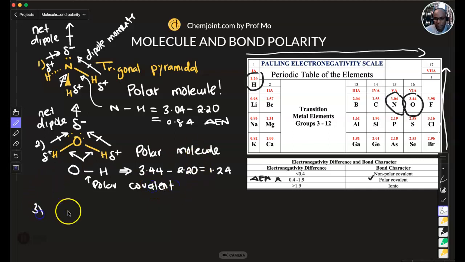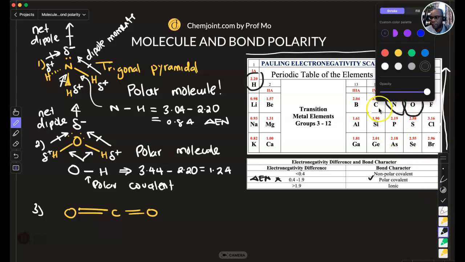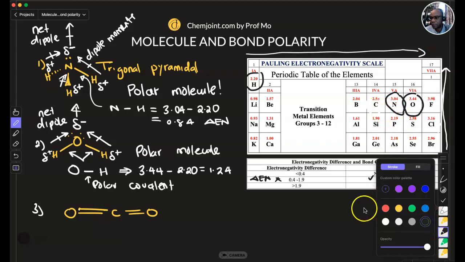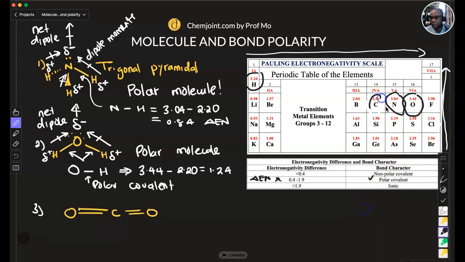Now, what if you have a molecule like CO2? Again, carbon is behind oxygen. Remember, electronegativity increases across the periodic table. So in this case, we subtract the electronegativity of carbon from that of oxygen.